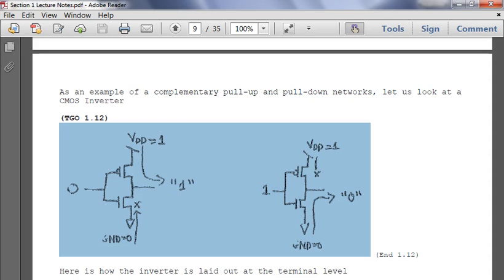When it's 0, nMOS is weak on 0, so therefore ground will be stopped. For 1, pMOS will stop because pMOS is weak on 1. But nMOS is strong on 1, so it'll pass the ground through the channel from the source to the drain to the output.